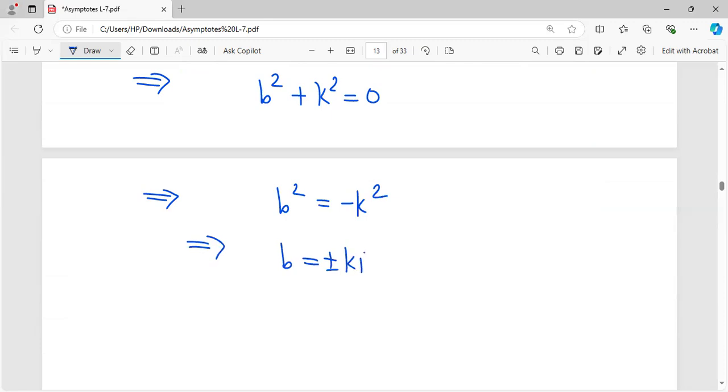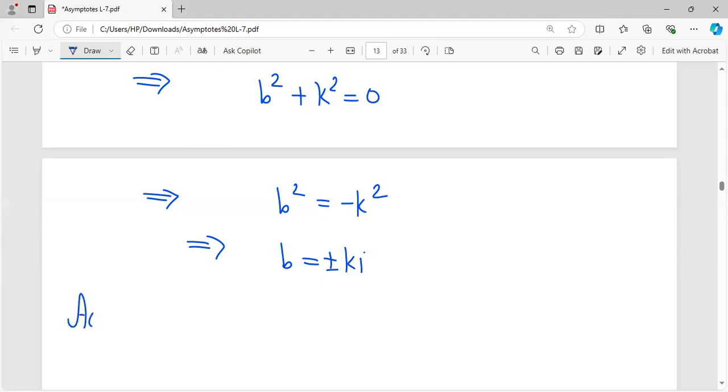Okay, so we can explain this in 2 ways. Because B is a complex number, there is no vertical or oblique asymptote.